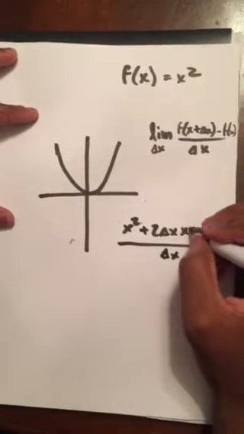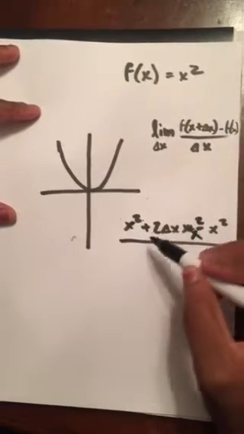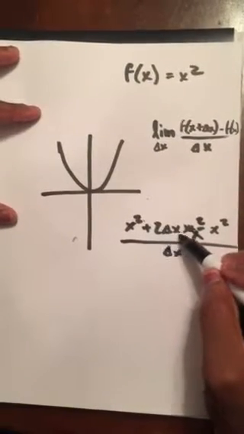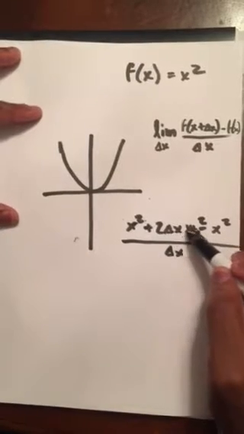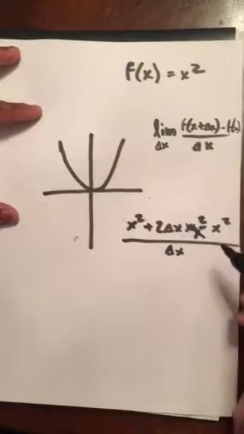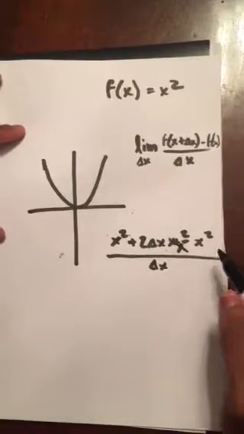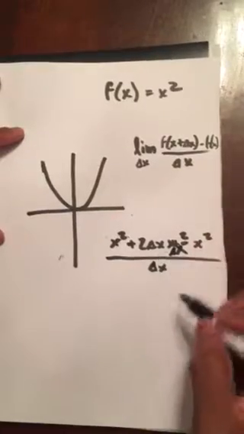Excuse me, I'm sorry, I forgot the squared here. So this will read x squared plus 2x delta x plus delta x squared minus x squared.